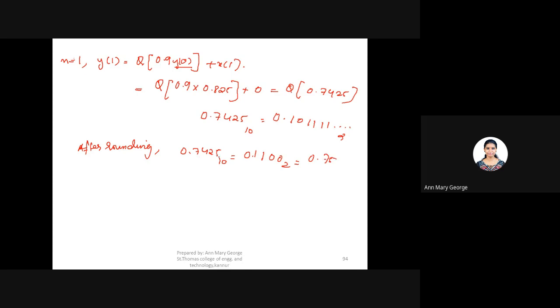So 0.7425 rounded becomes 0.75. Therefore, we got y of 1 as 0.75.